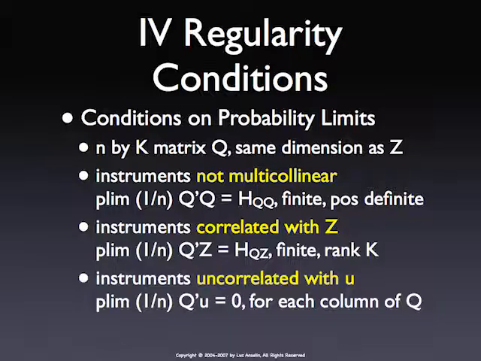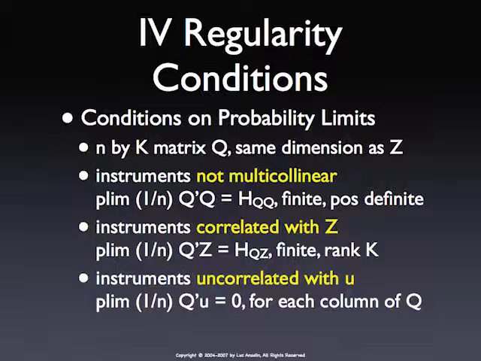It actually doesn't quite work that way, but you can think of it that way, as a 1-to-1 correspondence between an instrument and an original variable. Now, some of the original variables may be instruments for themselves. If they are not correlated with the error term, if they are so-called exogenous, they don't need an instrument. So you just put them in the Q matrix in place of themselves.